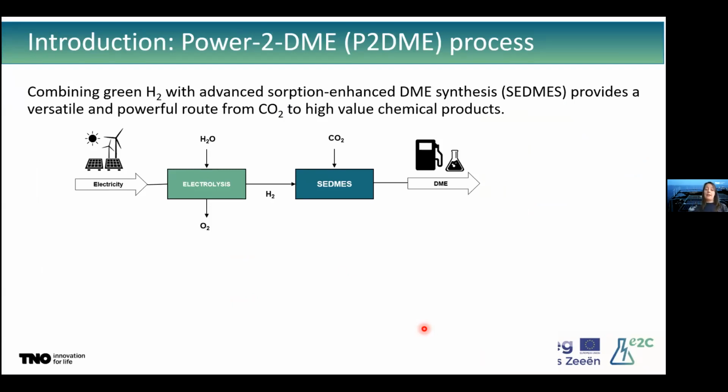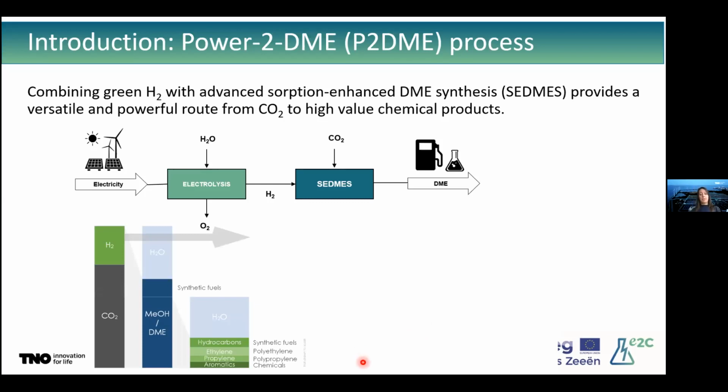The target chemical that we're looking at in Petten is dimethyl ether, or DME. This is a very interesting chemical. It can be used as a fuel, but it's also a very interesting chemical building block, which can be used to produce other synthetic fuels, but also plastics or other more advanced chemicals, such as aromatics and further on.